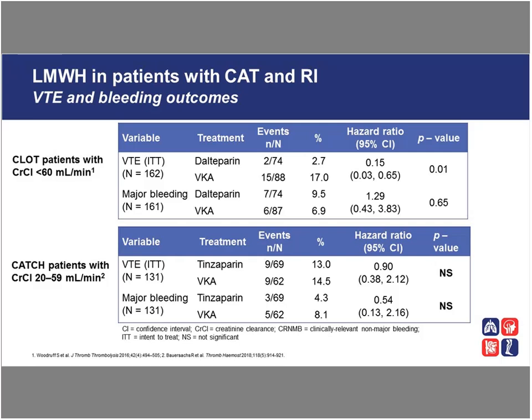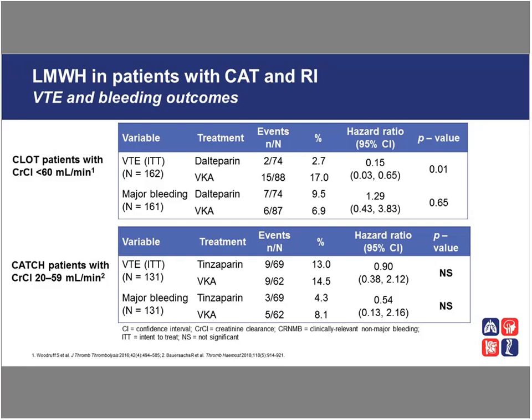And when they looked at the CATCH study, now the CLOT study was less than 60 mL per minute with very few people below 30 mL per minute. In the CATCH study, they looked at creatinine clearances between 20 and 60. They had slightly more people below 30, but most patients were between 30 and 59 mL per minute.